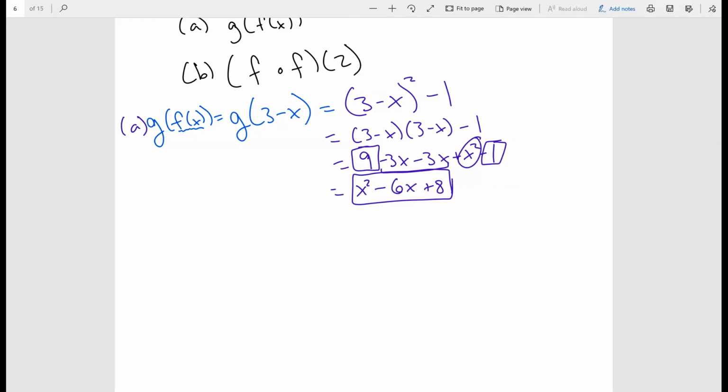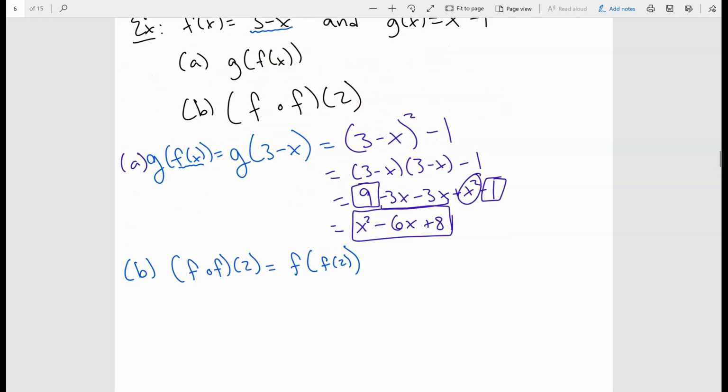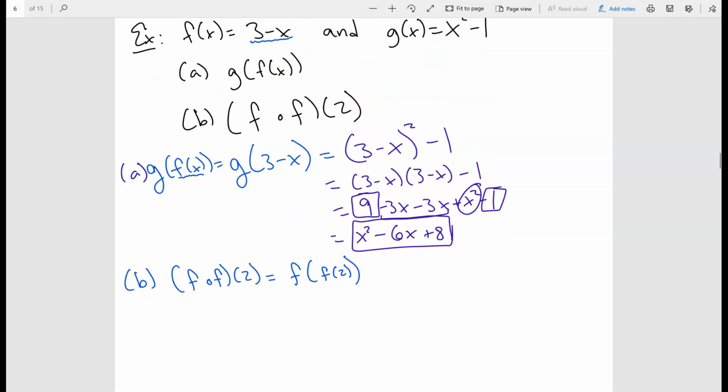Okay, and now let's do part B. So what exactly is f of f of 2? So let's rewrite this. Remember that we're writing f, and on the inside we're putting an f of 2. Okay. So the first thing that we got to think about is, well, we know what f is. That's just this 3 minus x.